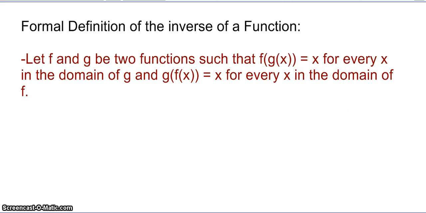So first, our formal definition of the inverse of a function. Let f and g be two functions such that f of g of x equals x for every x in the domain of g, and g of f of x equals x for every x in the domain of f.